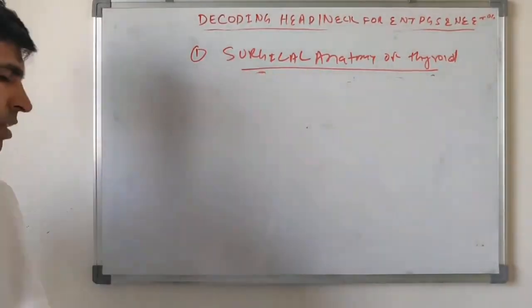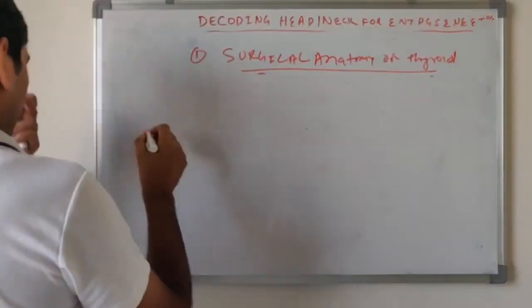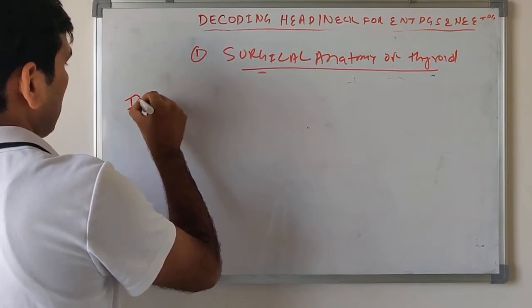This is about venous drainage and supply. And now we will talk about development.